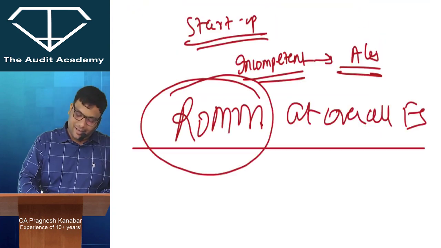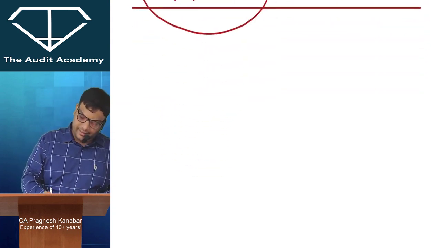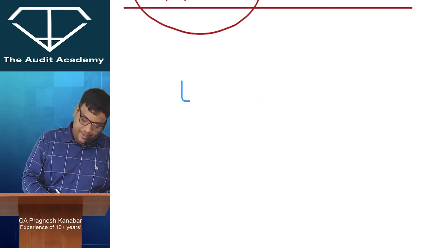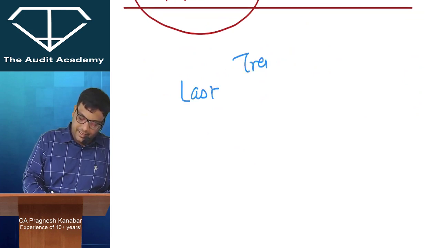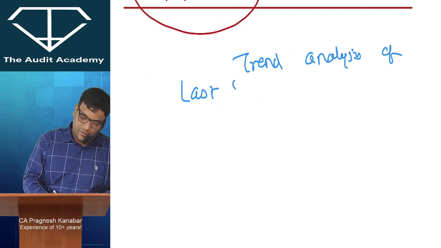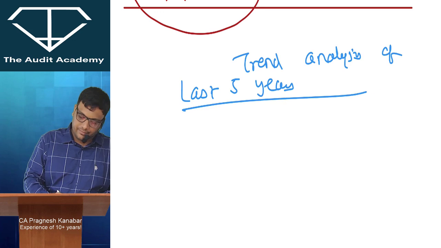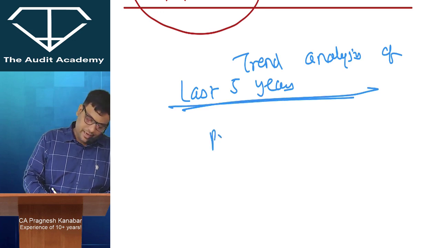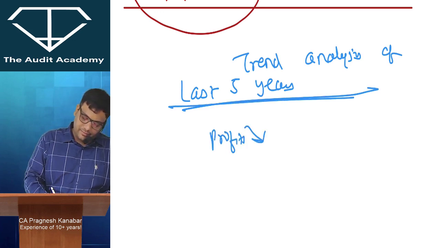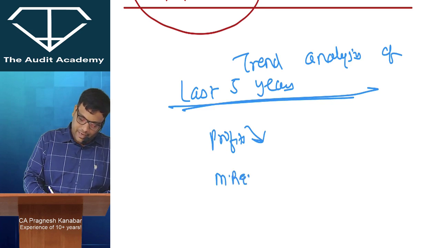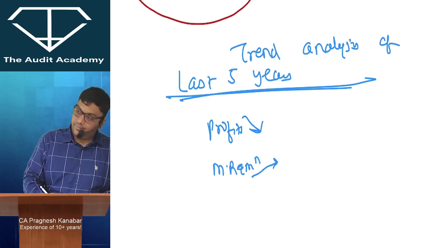Come on. Now this is the last question before we end the lecture. Tell me, if I am conducting a trend analysis of last 5 years, and I saw that profits are declining, managerial remuneration is increasing.